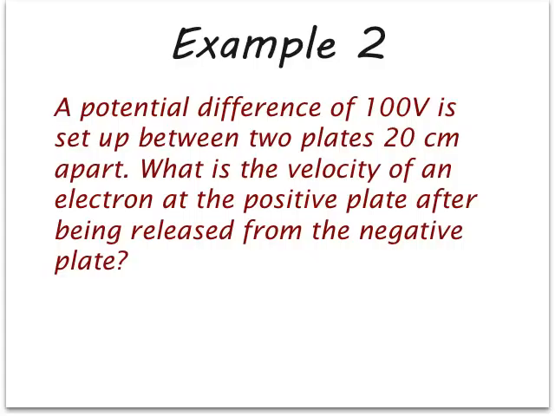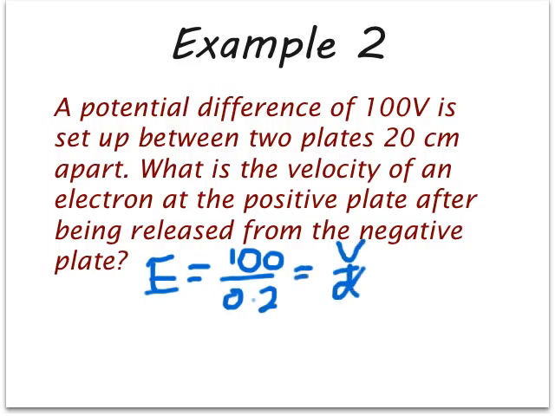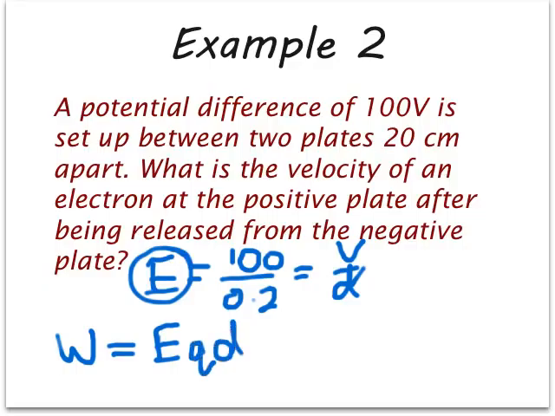So what you could work out is the electric field strength. It looks obvious, you've got voltage and distance, so it'll be 100 divided by 0.2. That's from V over D. Now from that, you could then put this into an equation that relates work done. Work equals EQD that we've had earlier.